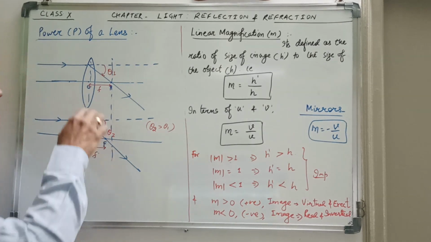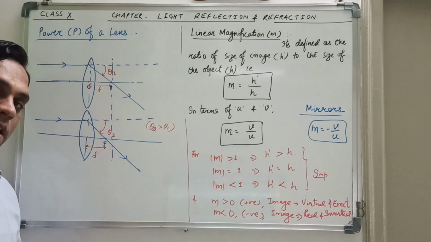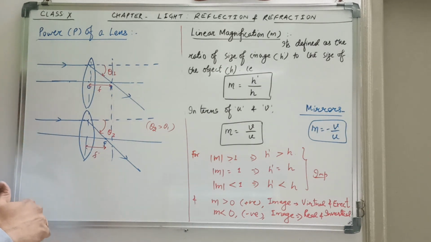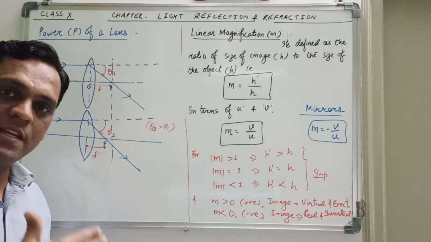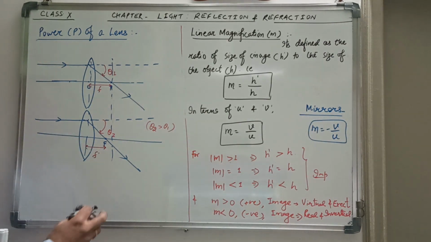So we say power of a lens is defined as reciprocal of focal length only. The smaller the focal length, the greater the power of the lens will be, isn't it? So based upon that only, now I try to give the definition here, correct?